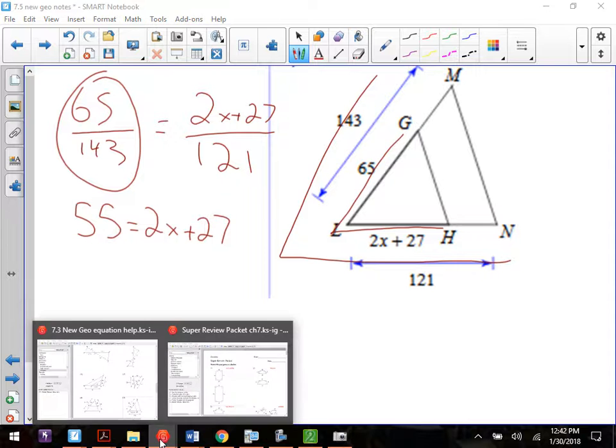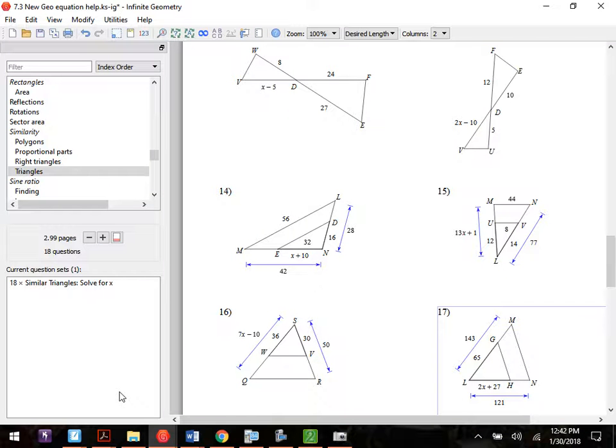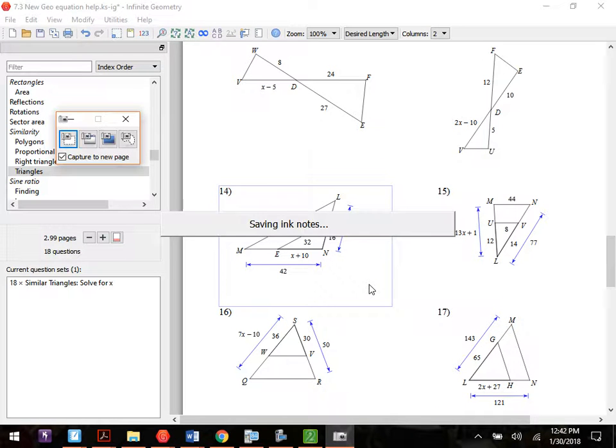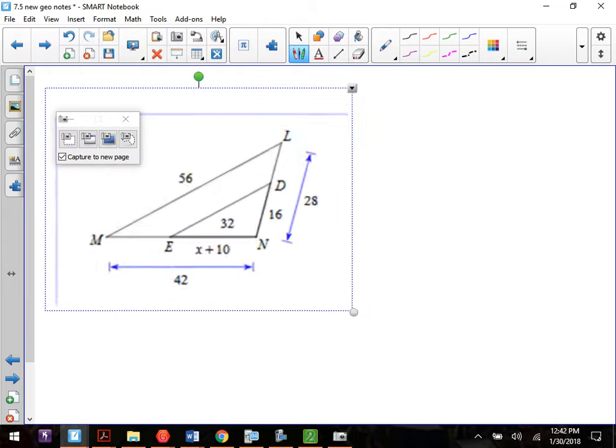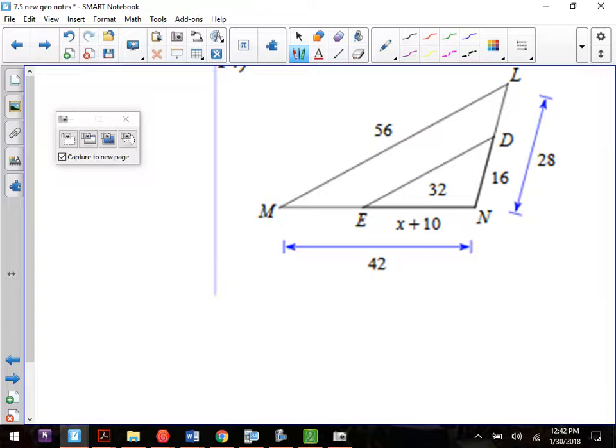Last one. 14. And again, this is that same idea that even though they're giving you all three side lengths, fall back and revert to the idea of the side angle side.